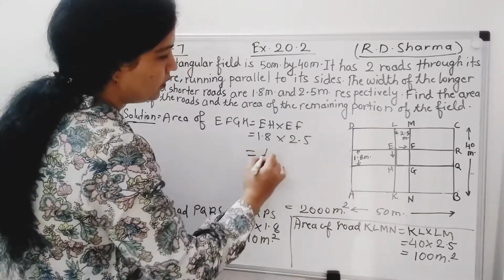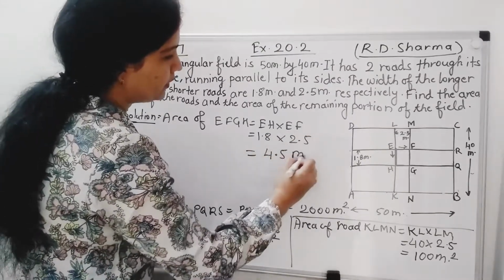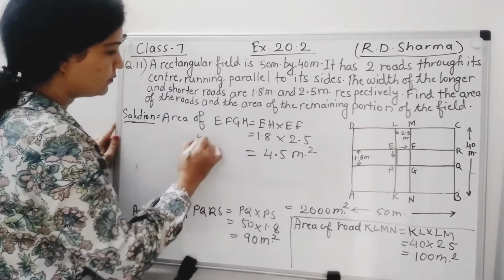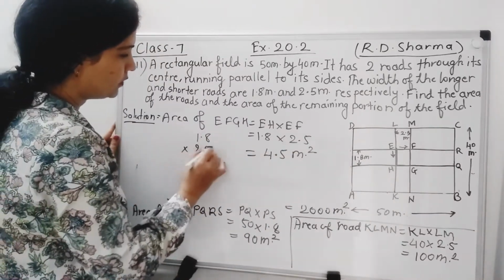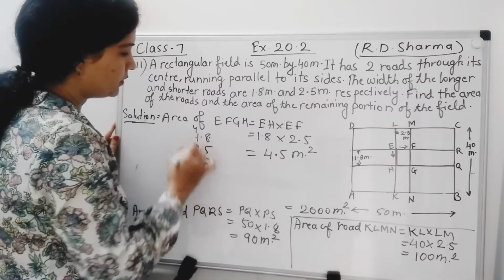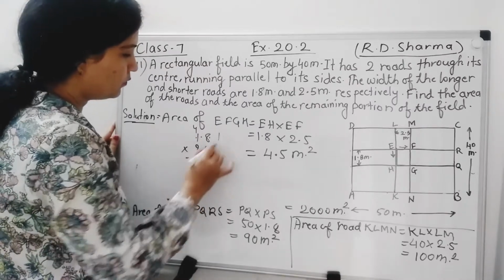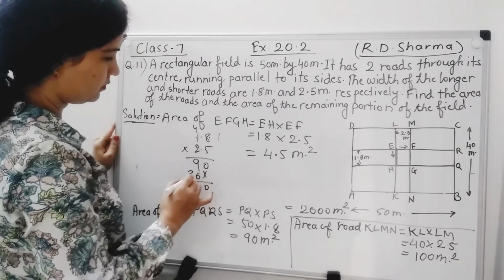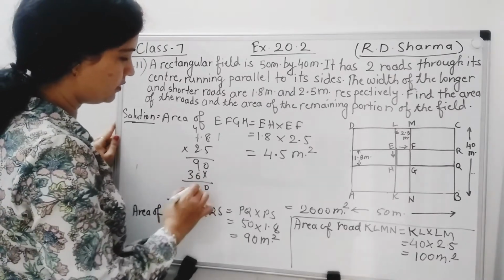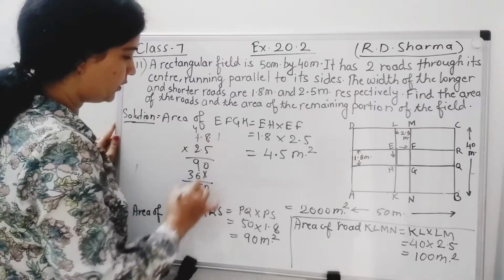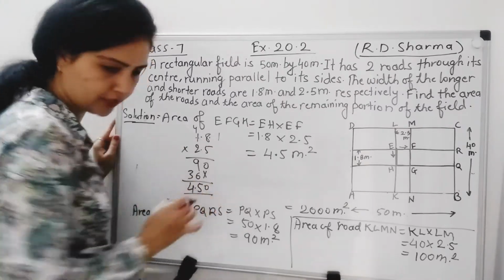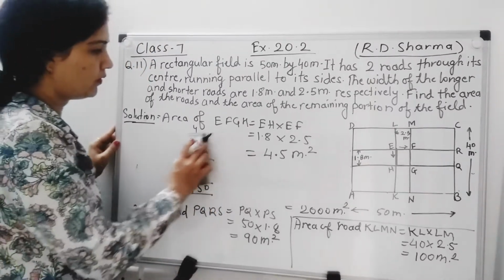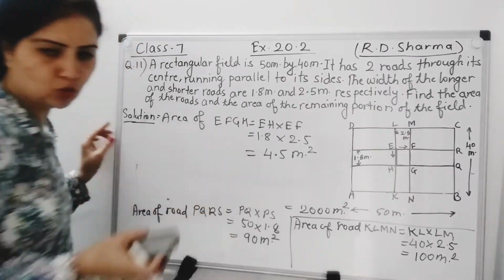If you calculate, 5 8s are 40, 4, 5 1s are 5, 4, 9, 2 8s are 16, 1, 2 1s are 2, 3, 0, 9 plus 6, 15, 4. There are 2 decimals, so it will be 4.5 meter square.